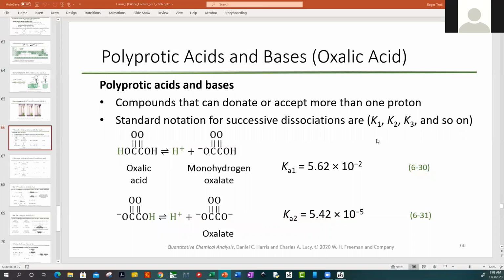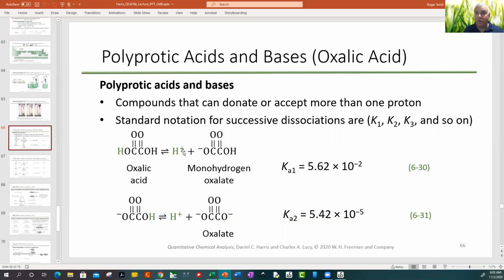We've got oxalic acid, for example. It's a cool acid, I must say, because it's just one hydrogen away from CO2. So this is a good redox agent.